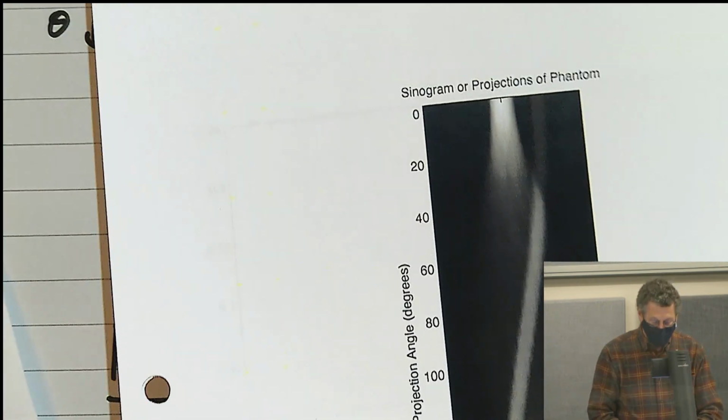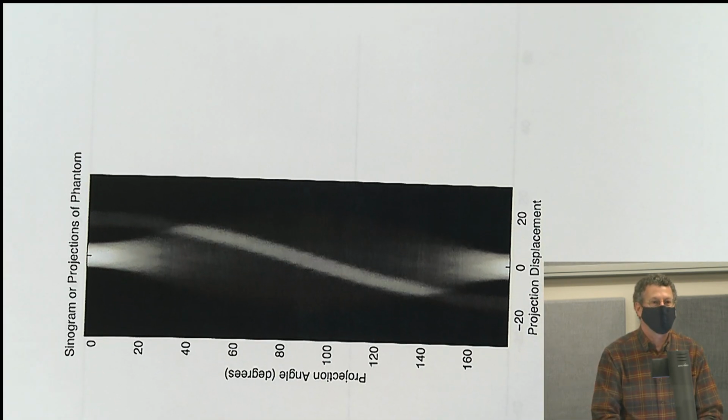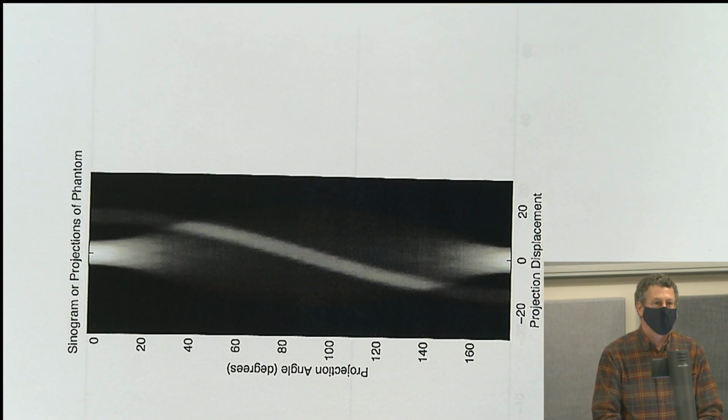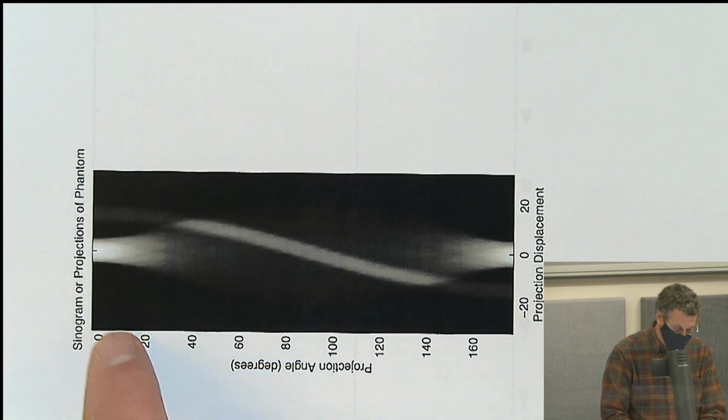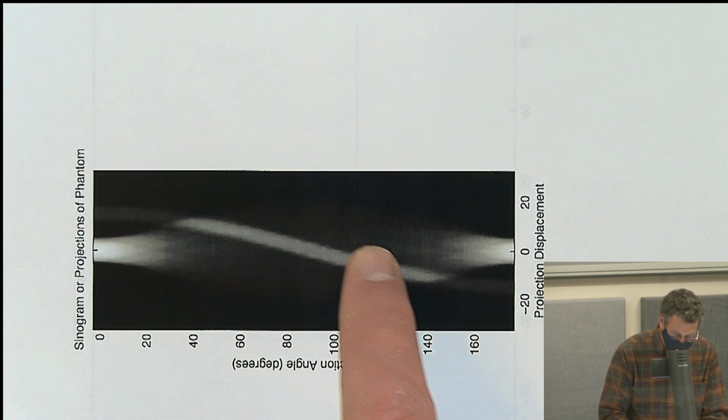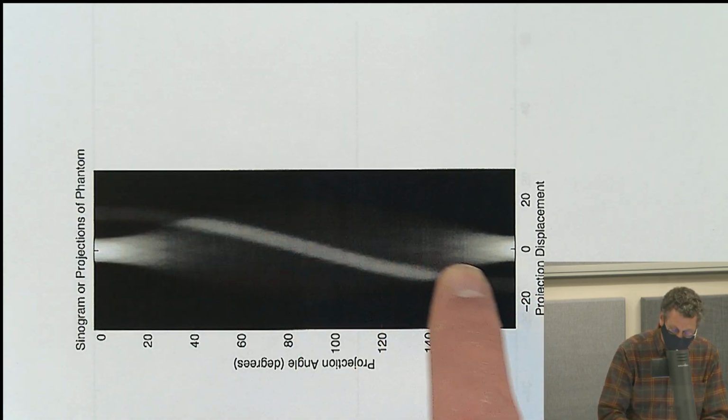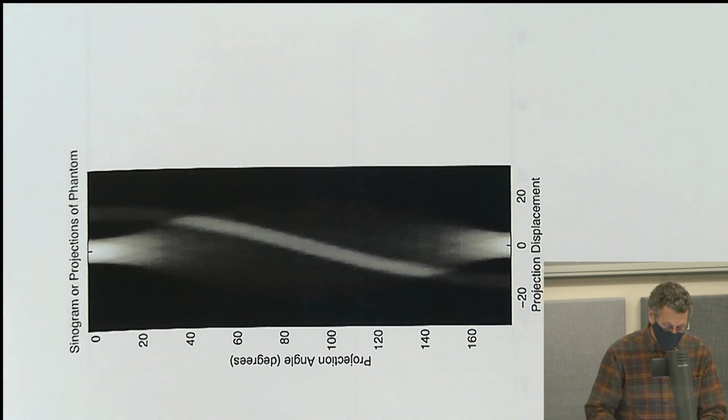And then the way you usually plot sinograms is like this, conventionally. If you have objects in the image, they'll plot out sine waves. And you can see this plots out a sine wave, right? So that makes sense.